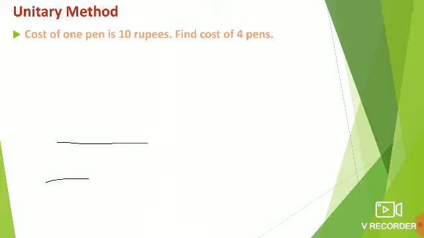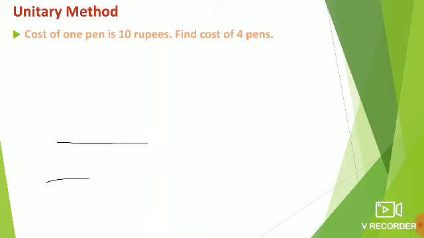If you want to buy one black pen and one blue pen, and if the shopkeeper tells you that the cost of one pen is 5 rupees, then what will be the cost of two pens? 10 rupees. It's very easy and you are aware of it because in day to day life you do these calculations orally. So students, here you only have to solve by this method.